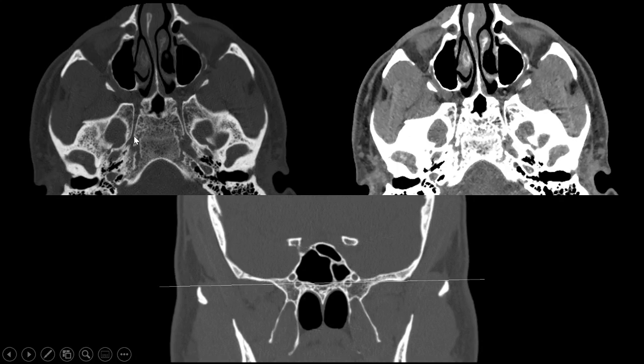The Vidian canal extends from foramen lacerum anteriorly toward the pterygopalatine fossa. The yellow arrows point to the Vidian canal, and the red circles indicate the location of the pterygopalatine fossa.